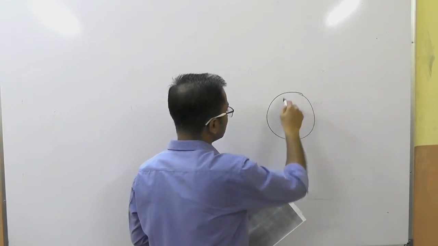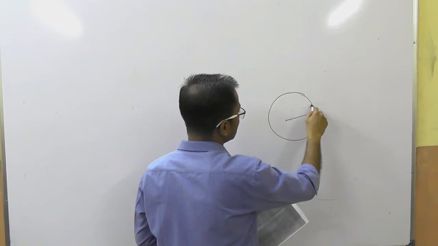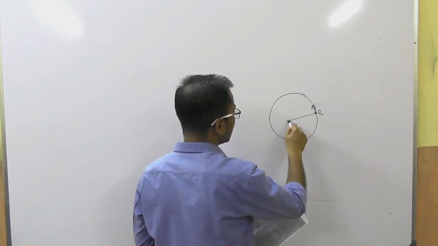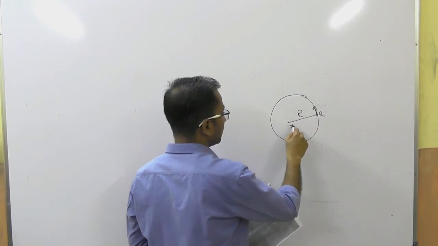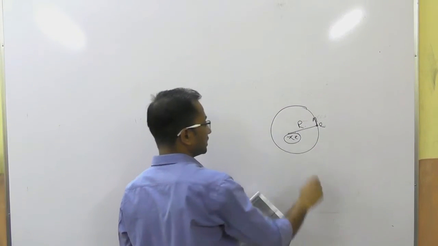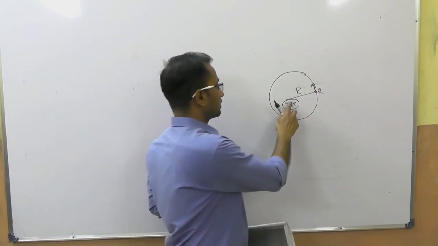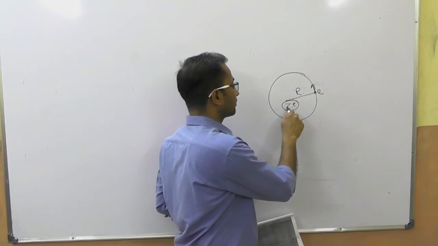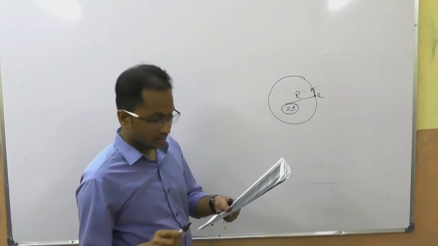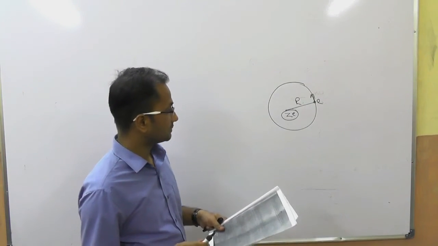So suppose the electron is revolving in this direction, this is the radius, or suppose I am considering a general atom with atomic number Z. In case of hydrogen just put Z equal to 1.